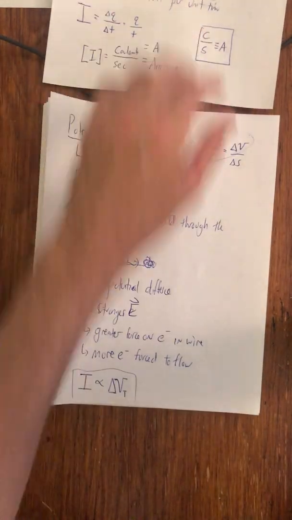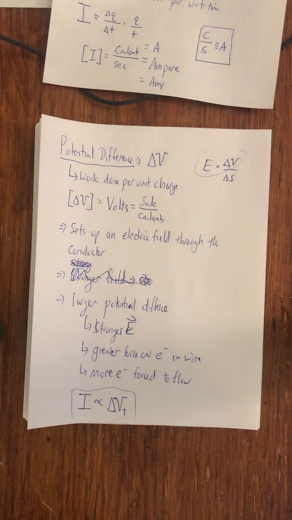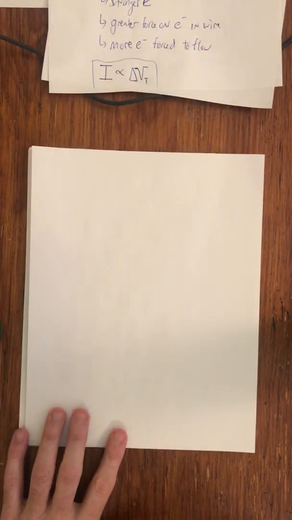Okay, so that's the first thing. Now, the next thing is, you can imagine that those charges don't naturally want to flow. They have to be forced there. Those charges are going to be kind of stuck to their atoms in a particular way. And that's actually where the term resistor comes from.